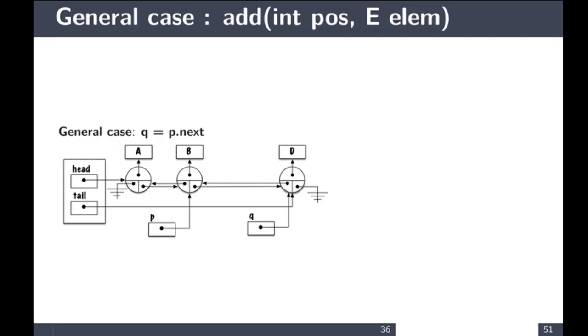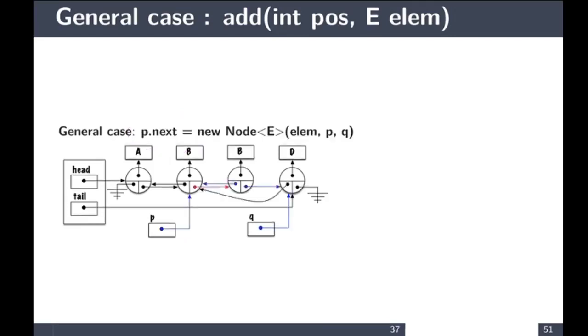So here, P is pointing before the insertion point, and I say Q equals P.next. So Q is the one that follows P. Now I have an anchor before and an anchor after the insertion point.